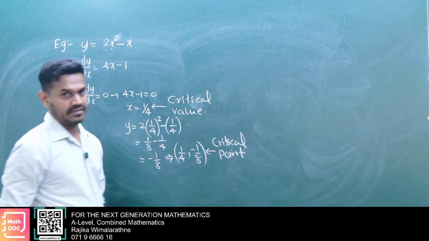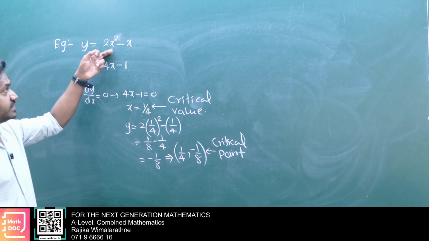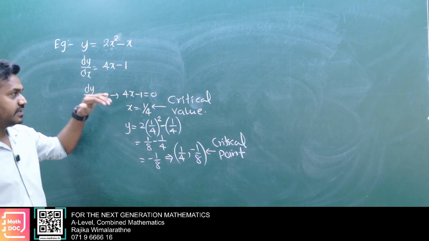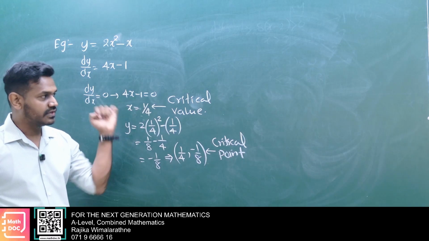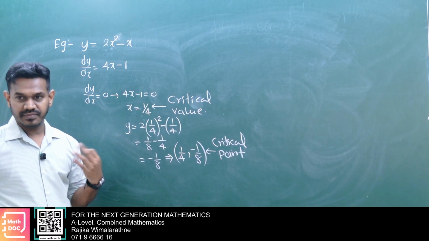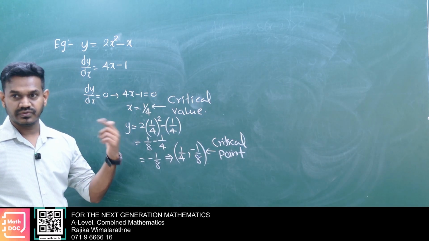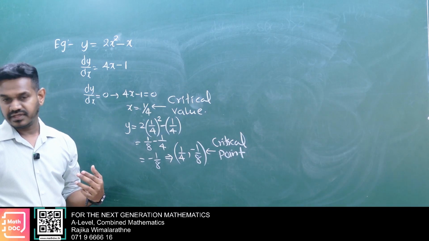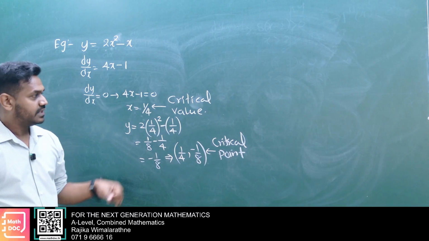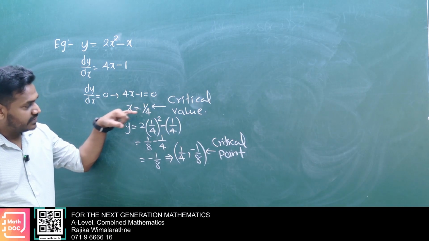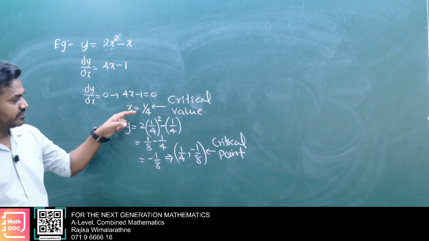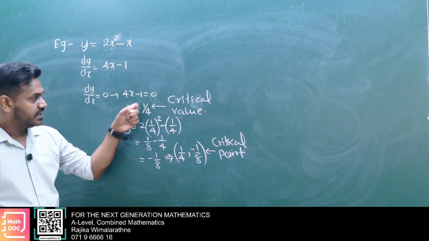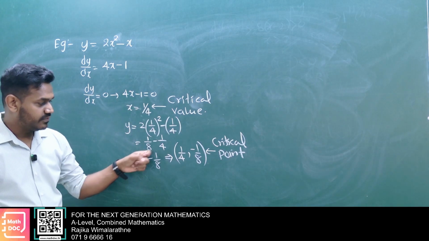Very simple concept. You differentiate the function, equate to 0 and solve it. The corresponding solutions we call critical values. There can be 1, 2 or 3 critical points, or many. Then you take this critical value and substitute into the function to get the corresponding y value. Here at 1/4 the y value is minus 1 over 8.